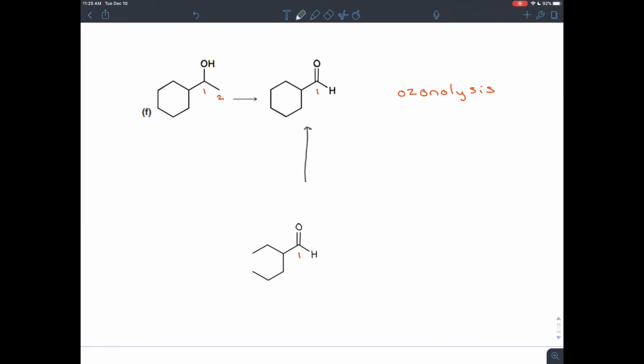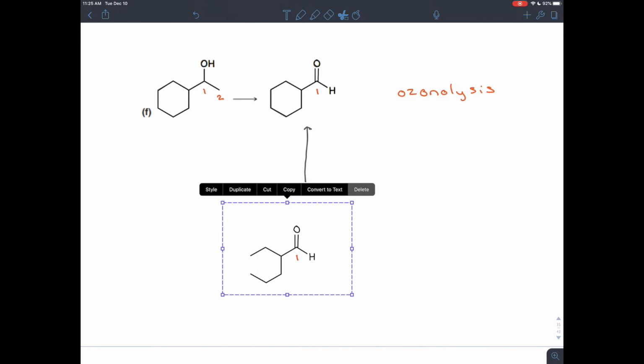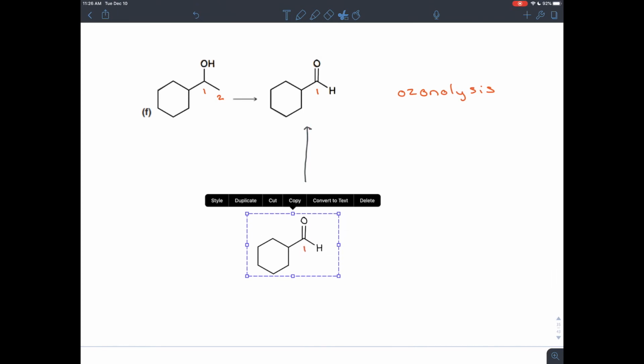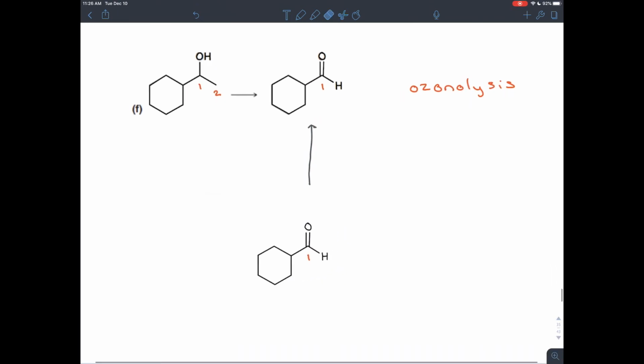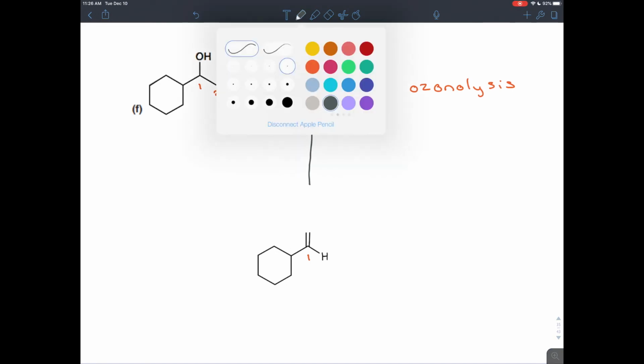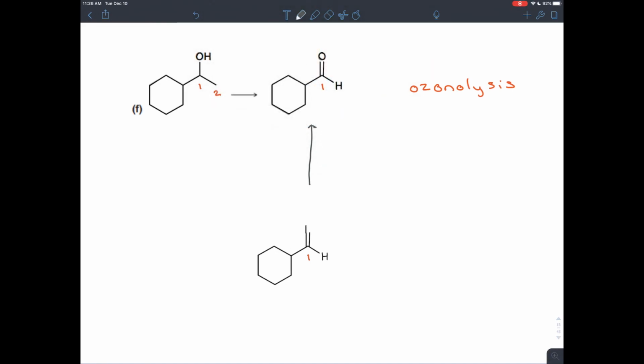That means that we're doing ozonolysis on an alkene. And so the alkene that we would have started with would have just been this one, where it got cleaved by the ozone.